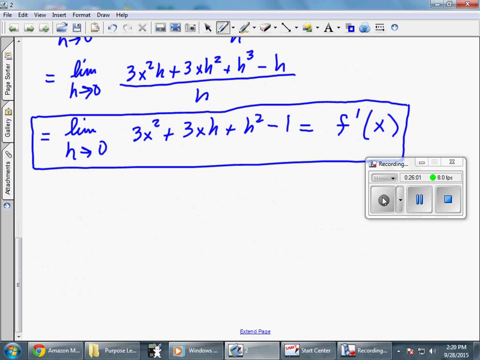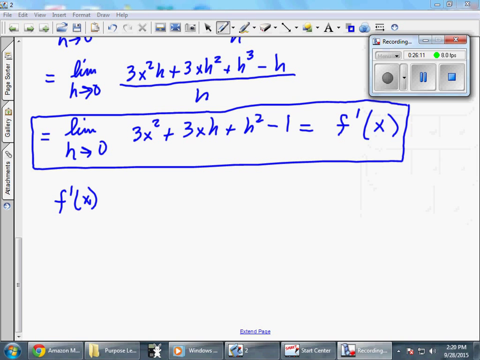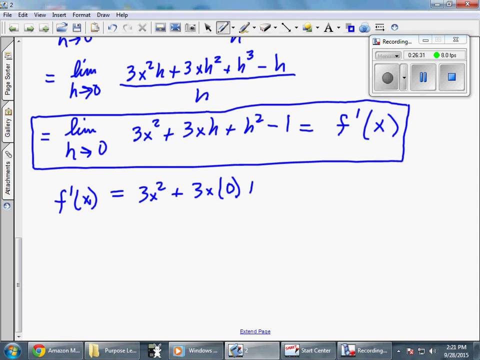Okay, so now let's let h go to 0. I'm going to move this out of the way. Now you'll notice nothing's in the denominator, so we can let h go to 0, and then this can become 3x squared plus 3x times 0 plus 0 squared minus 1.